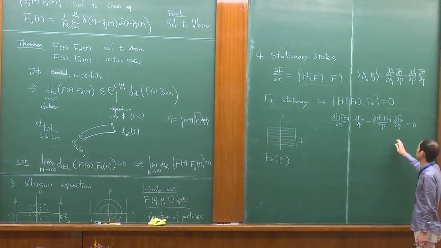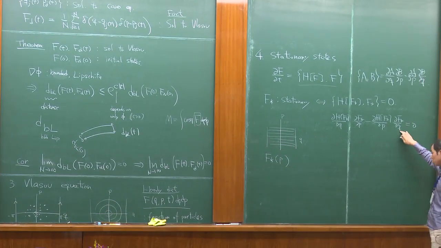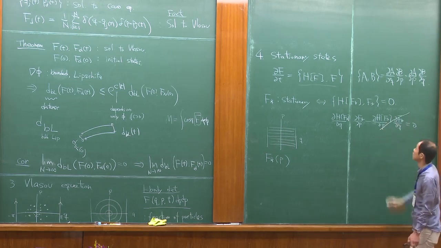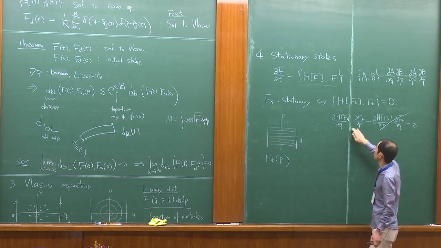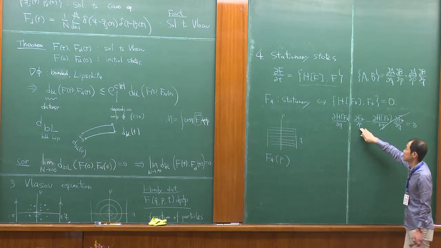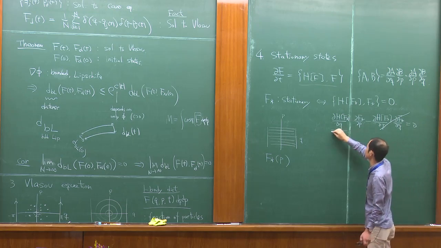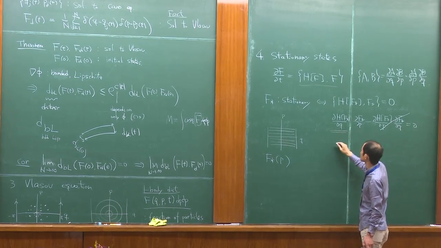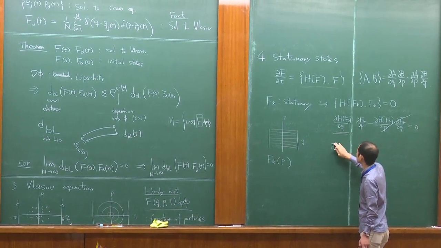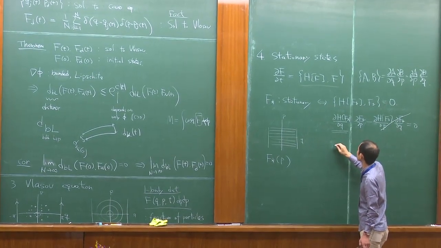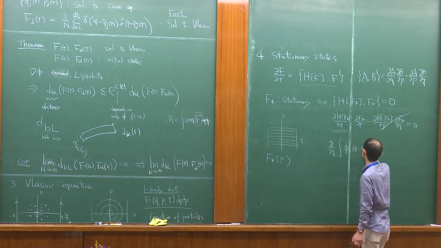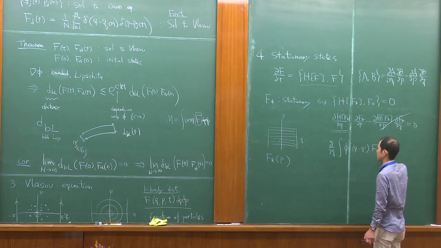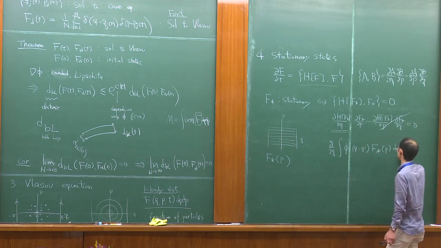Now, F star does not depend on Q, so we can eliminate this part. And next, what is this? So this one is not 0. And this part, what happened? So this part is the integral of phi(q minus q prime) and f star(p) dq dp.